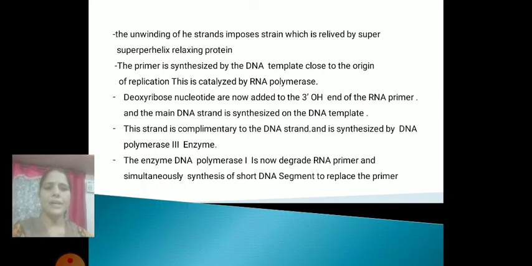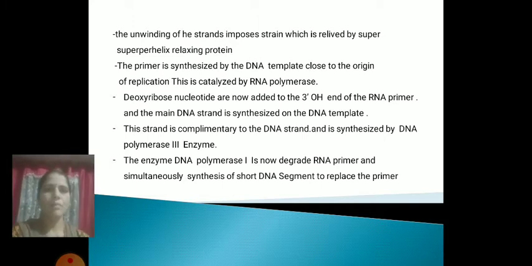The unwinding of the DNA strand imposes a strain which is relieved by superhelix relaxing protein. The primer is synthesized on the DNA template, close to the origin of replication. This is catalyzed by the RNA polymerase enzyme.